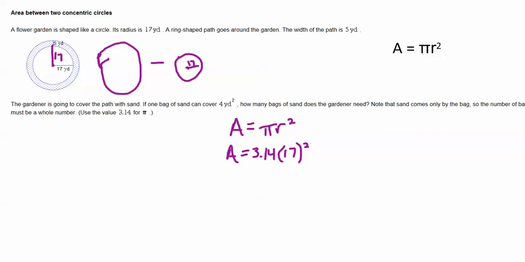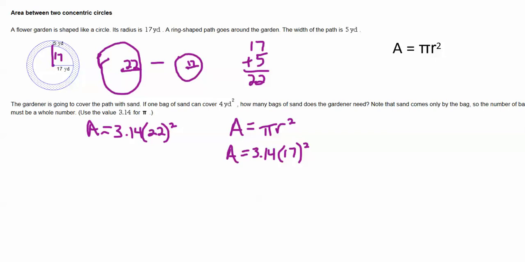So if we're trying to find the radius of the large circle, we're taking 17 plus 5, which is 22. Okay, so the radius for our large circle this time we had to work a little bit for, and that gives us 22. So big circle, 3.14 times radius of 22 squared.